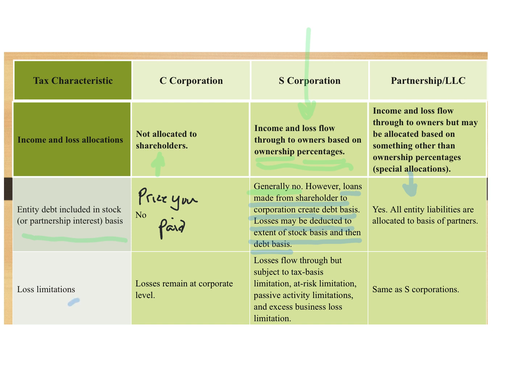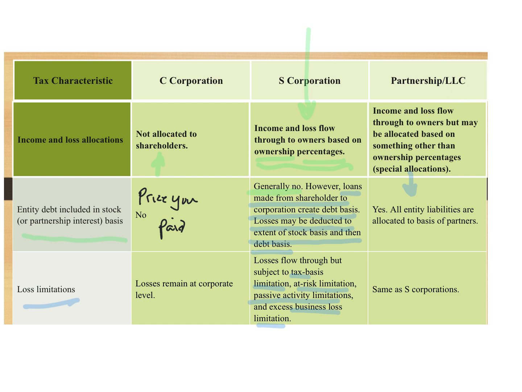And then losses. Losses obviously remain at the corporate level for a C corporation. For S corporations, losses flow through but are subject to tax basis limitations, at-risk limitations, and passive activity limitations, as well as excess business loss limitations.